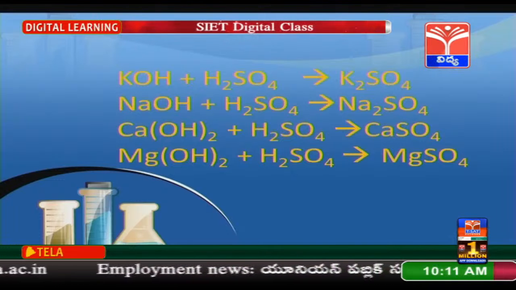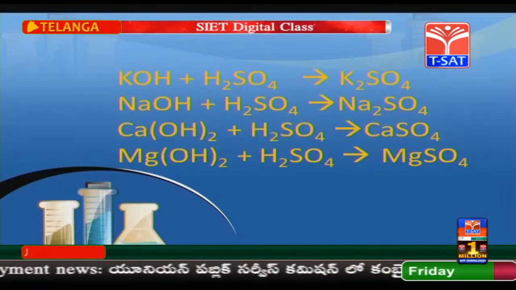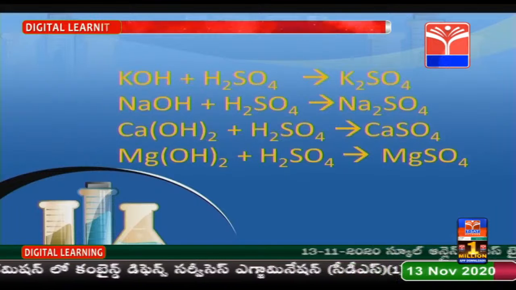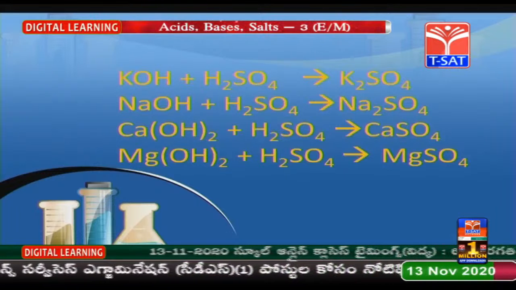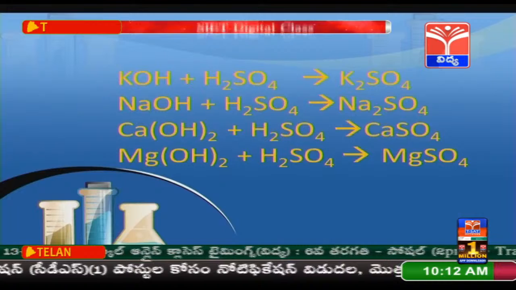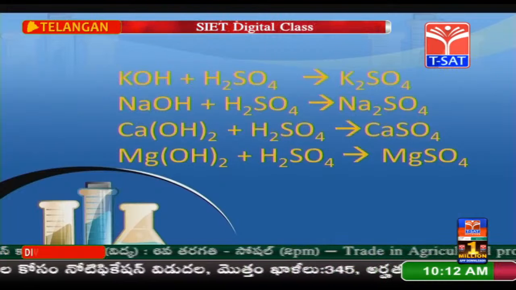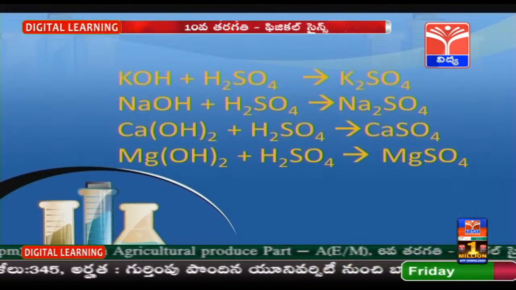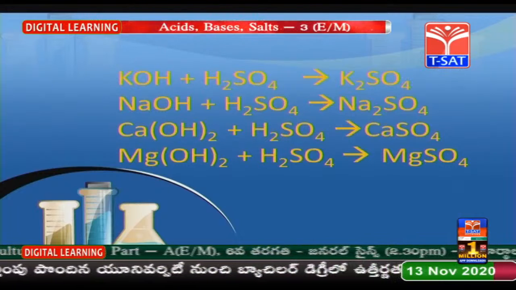Next, sodium sulphate. What is the acid involved here? H2SO4. Now, you can notice that all the acid involved is H2SO4 only for all these chemicals. First, along with the reaction of NaOH, we are getting sodium sulphate. Its formula is Na2SO4.